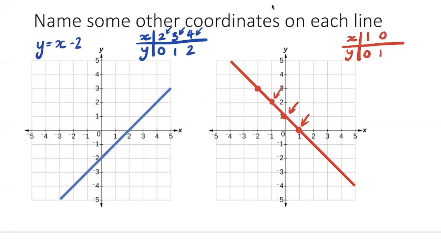Here, it's x is minus 1 and y is 2. And finally here, we've got x is minus 2 and y is 3. Okay, so again, what we're trying to think about here is what's the relationship between x and y? If I want to work out y, what do I need to do to x?